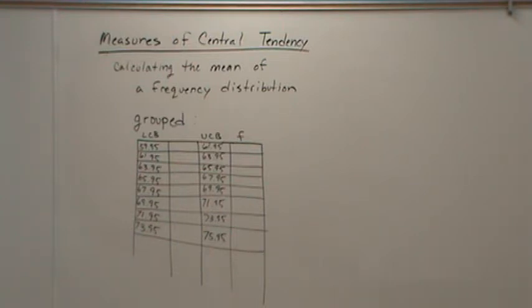Well, we have to make an assumption here. What we're going to do is use the midpoint of each class for the value of x. Okay? And that's the best we can do. We can't really do anything else.